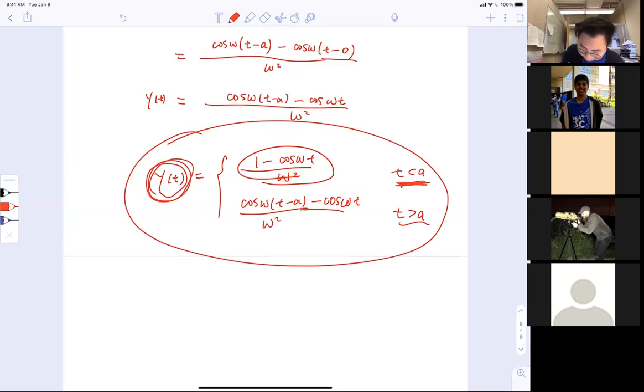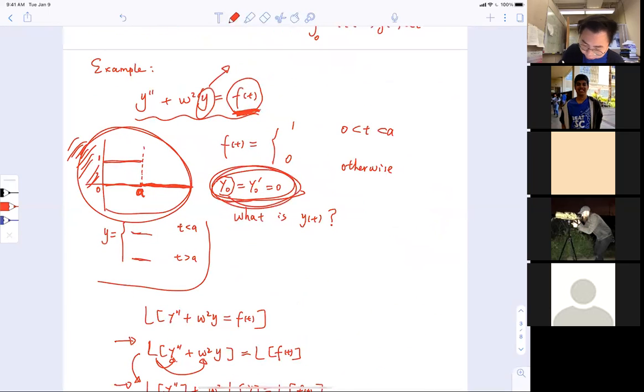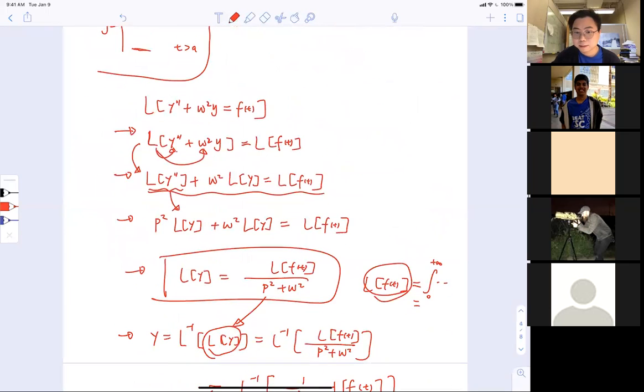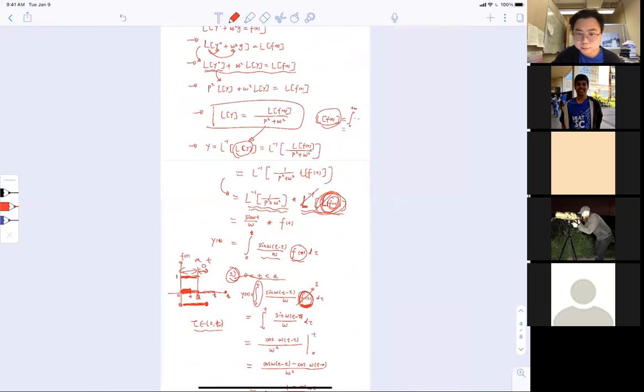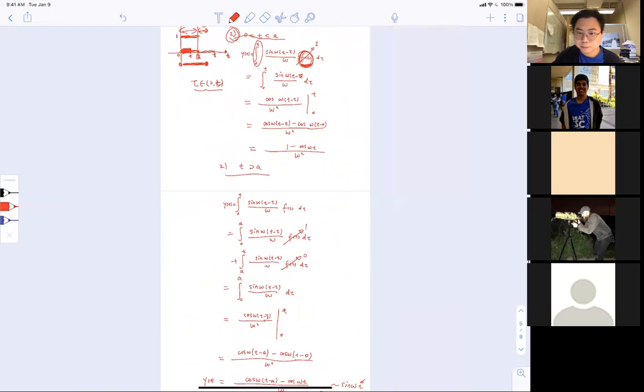You can also take a derivative, and you would get something proportional to sine omega t, and plugging in t equals 0, you also get 0. This corresponds to those two initial conditions. Any question about this problem?